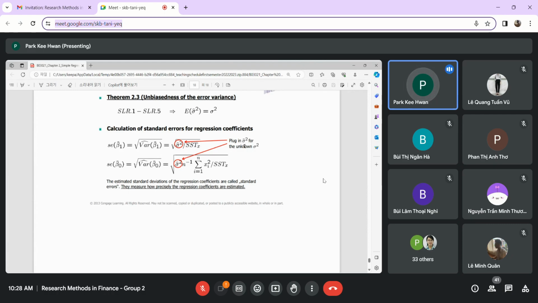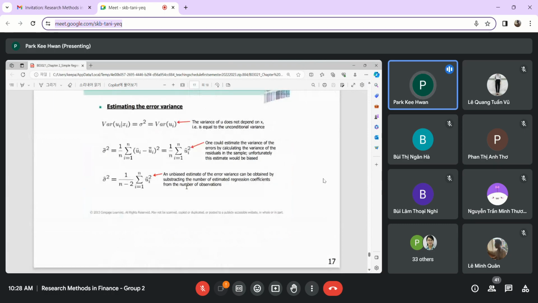And how do we get the estimate of sigma squared? That is this one. This is the estimate of sigma squared, that is the sum of squared residuals divided by n minus 2.